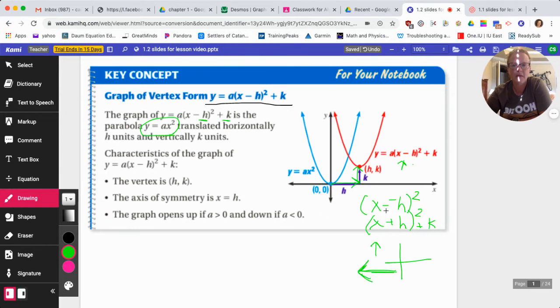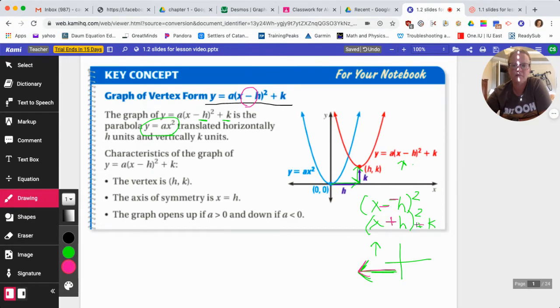Because my format says x minus h. So if I have an x plus h, that really means I have a minus a negative, and I'm moving it to the left.